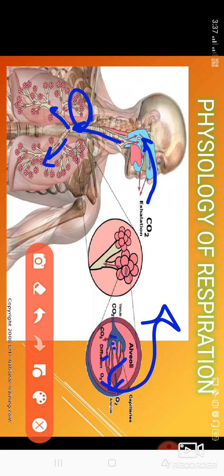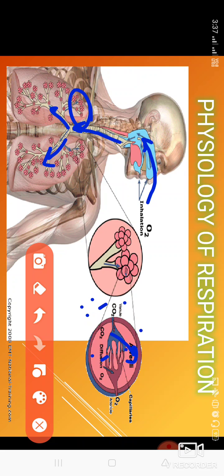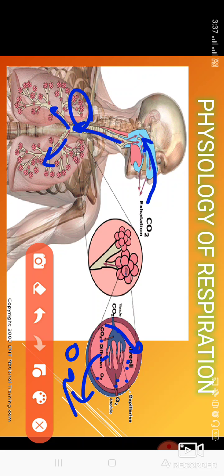The carbon dioxide, which is in higher concentration in the blood, moves into the alveoli. Once the oxygen is depleted, it requires gases which are higher in concentration. Now carbon dioxide is in higher concentration, so by diffusion carbon dioxide will reach the alveoli, and oxygen will be removed out through the capillaries.